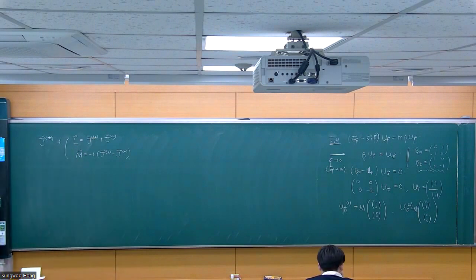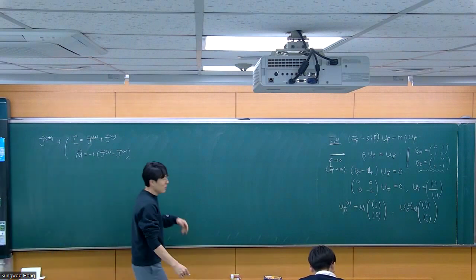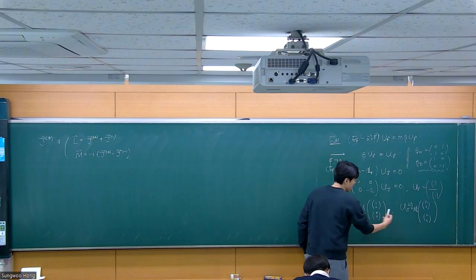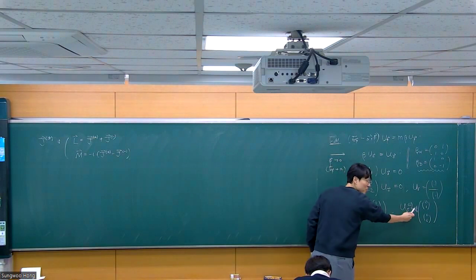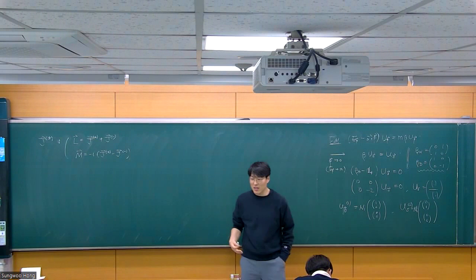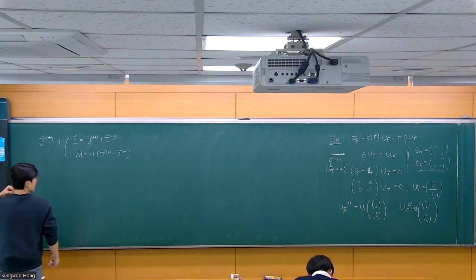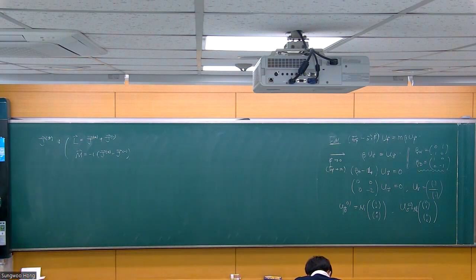So let's boost it. I'm gonna boost this. Also, one thing that I haven't actually specified yet is this normalization factor. Okay. And then we want to pick up the clever normalization. So let's do it.